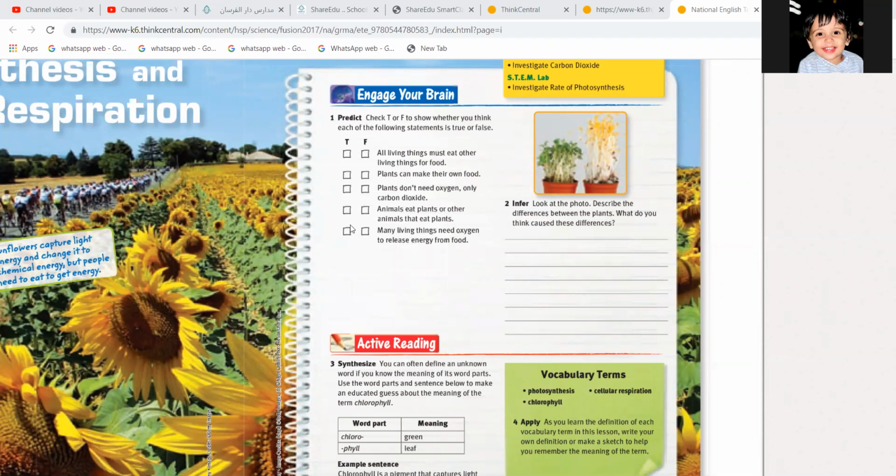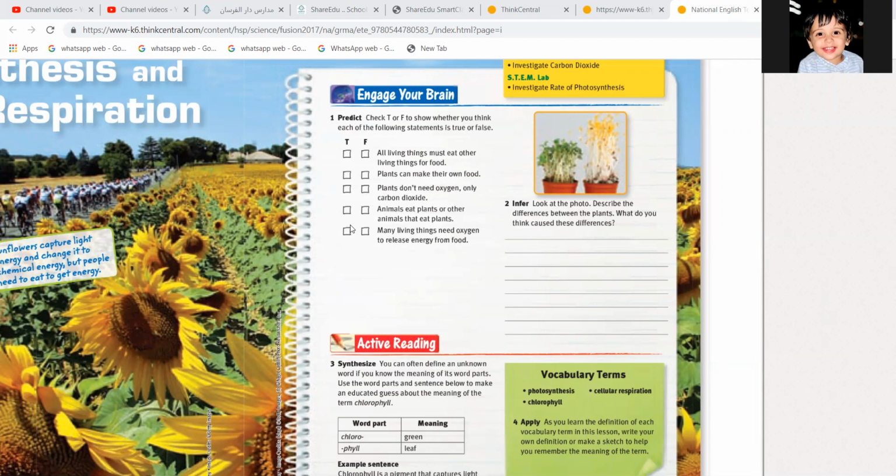Now, the simple thing is for photosynthesis and cellular respiration. How to remember? Photosynthesis is done by plants because plants make their own food, right? So what do plants take in? Like as I take in oxygen, plants take in carbon dioxide.